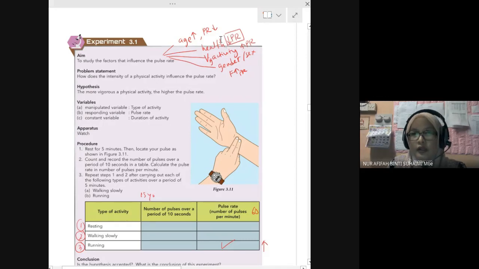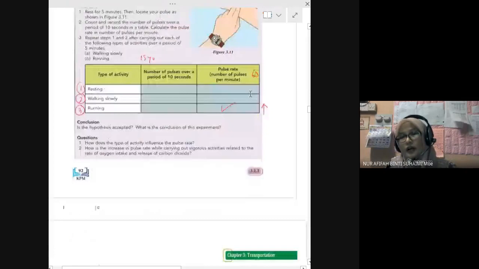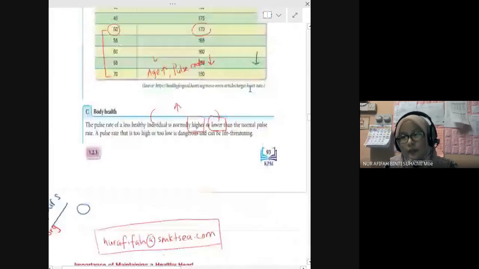Then activity: with vigorous activity, if you are too active, you will get a higher pulse rate. And again, gender or sex: female has a higher pulse rate than male because of the size of the heart.